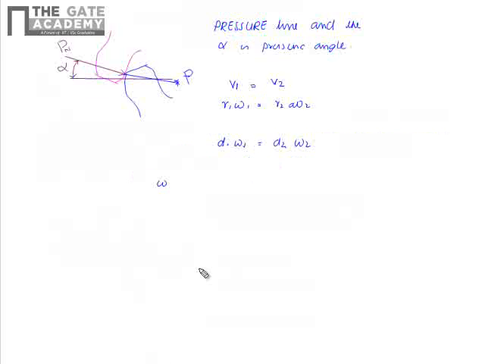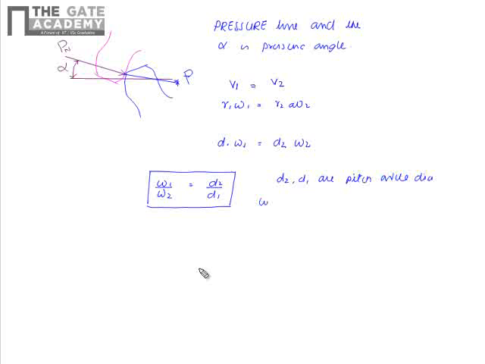We get the relation as omega 1 by omega 2 is equal to d2 by d1, where d2 and d1 are the pitch circle diameters, and omega 1 and omega 2 are the angular velocities of both the shafts or both the gears, of gears 1 and 2.